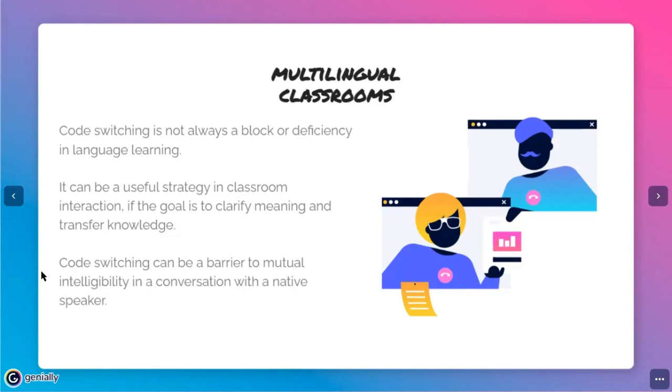If you don't control the use of code switching, you couldn't talk with a native person because your brain would try to talk in Spanish or in your native language, so it's hard to communicate. Yes.